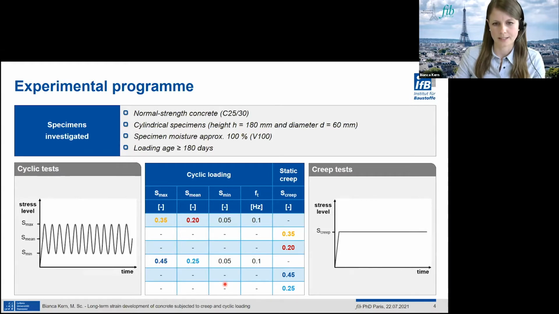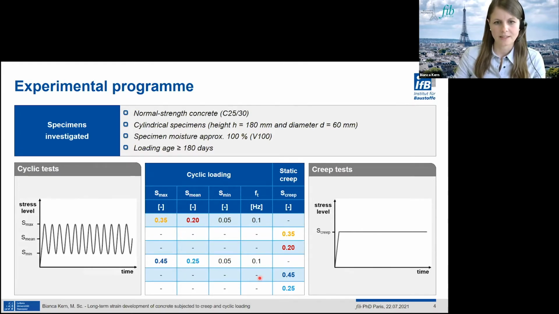The reference strength was calculated as a mean value and used for the determination of the stress levels shown here. The stress levels were held constant within the cyclic and the creep test. The maximum stress level here and here was varied, while the minimum stress level of 5% was identical in both tests.